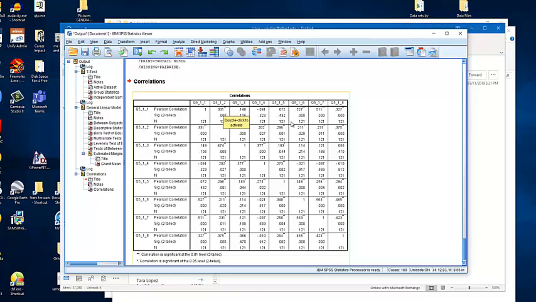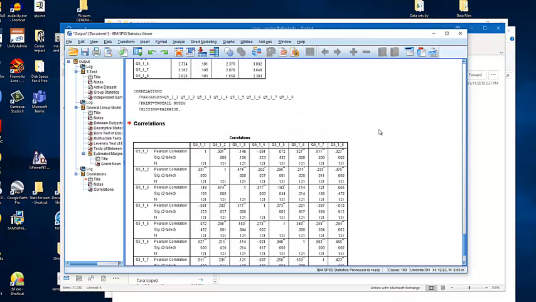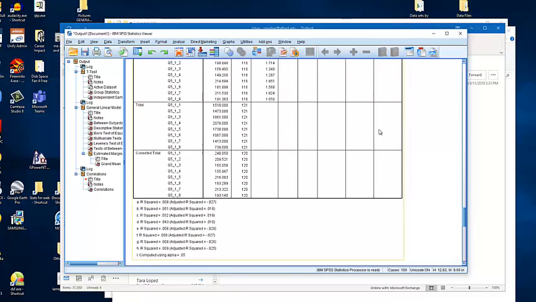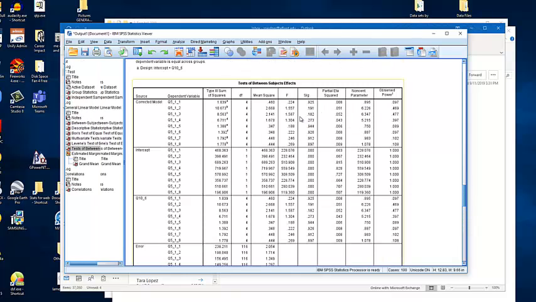Not correlated. Not correlated. Yes correlated. Yes correlated. Yes correlated. That's interesting. Okay, I think what we did was okay. I think we can get away with running them all at the same time.